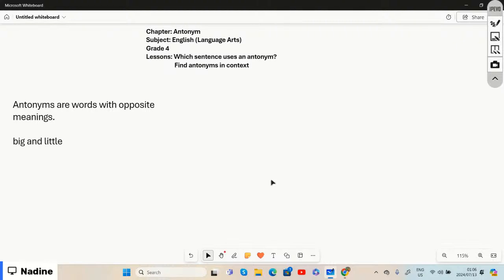All right. So we see that antonyms are words with opposite meaning, right? Like we said, it is words with opposite meaning. An example is we have big and little.